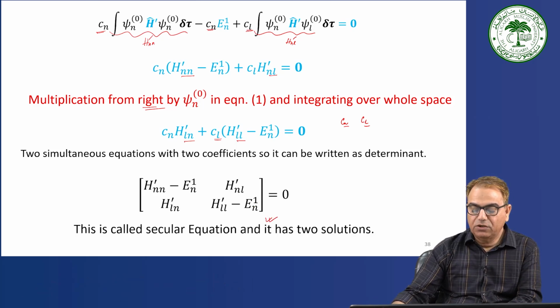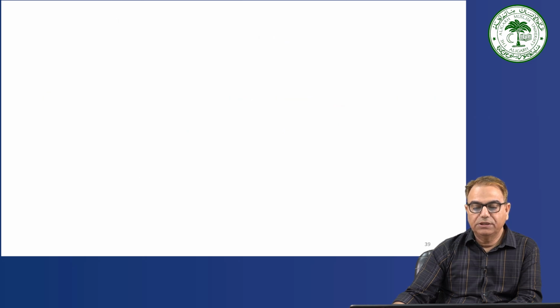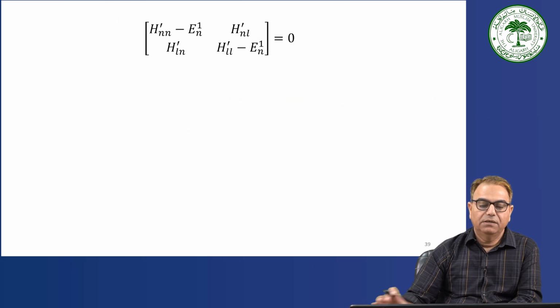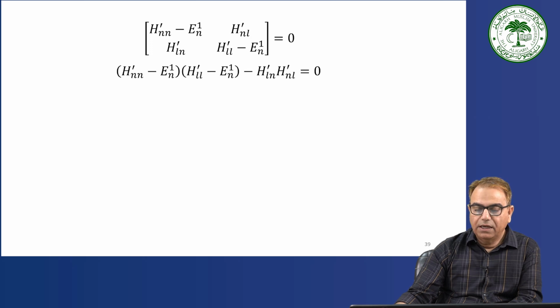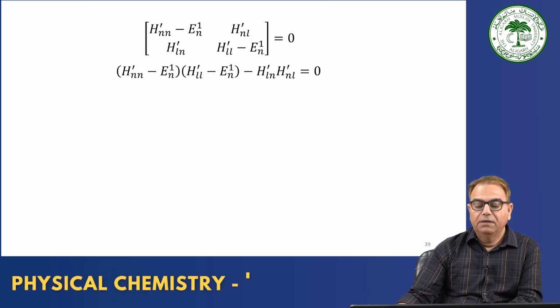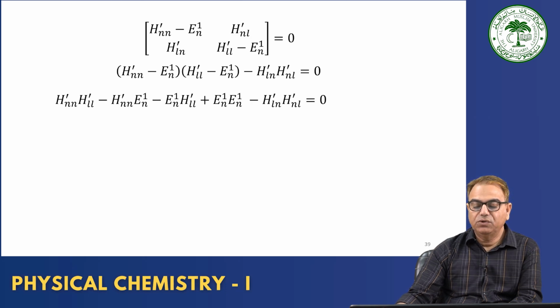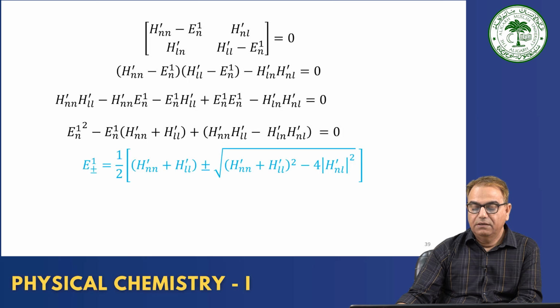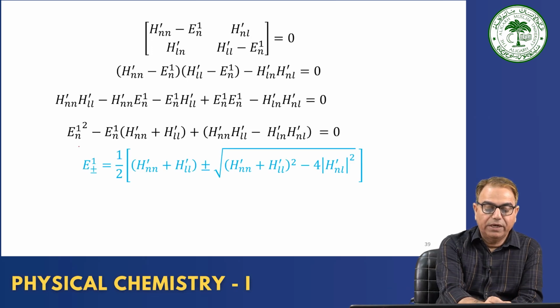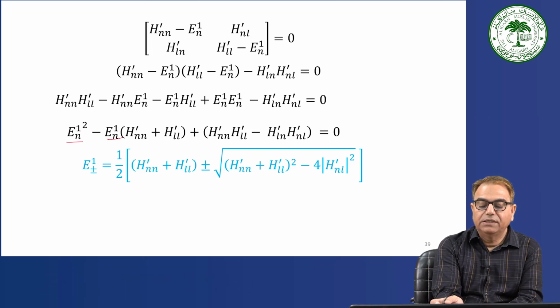So this is called the secular equation, and we have done this in the variation treatment also, secular equations. It has two solutions. If you solve this determinant, this should be H prime nn minus En1 multiplied by H prime ll minus En1 minus H prime ln into H prime nl. And if you solve it, finally what you get is a quadratic equation, En1 squared, then En1, and this is your constant term.